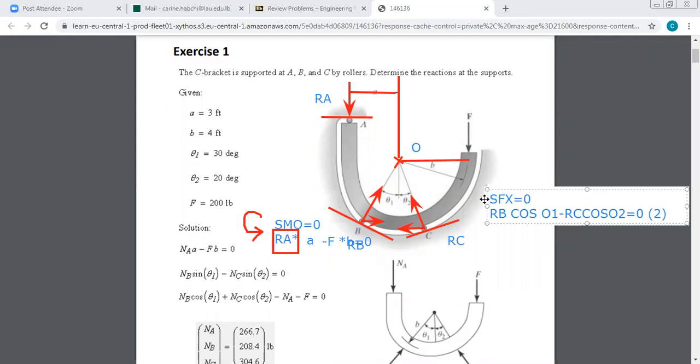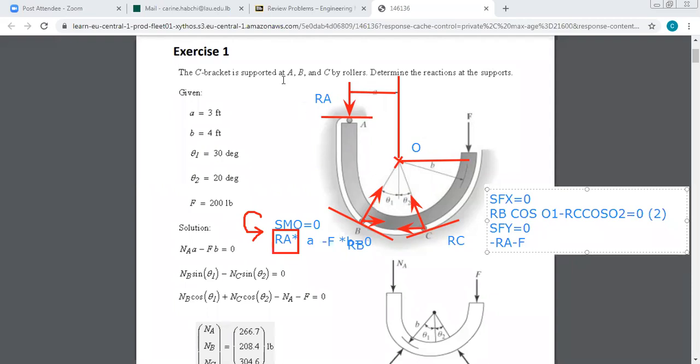Now, the second equation, I can do sum Fy equals 0. Along y, what do I have? I have minus RA minus F, and I have RB and RC, so I should project them along the y direction.